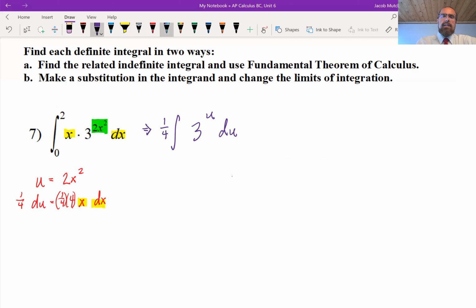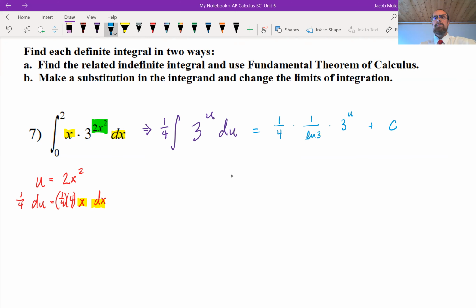Just like our previous example, at this point, I want to integrate and treat this as an indefinite integral. So it's a quarter. And then to integrate 3 to the power of u du, that's going to be 1 over the natural log of 3 times 3 to the power of u plus c.